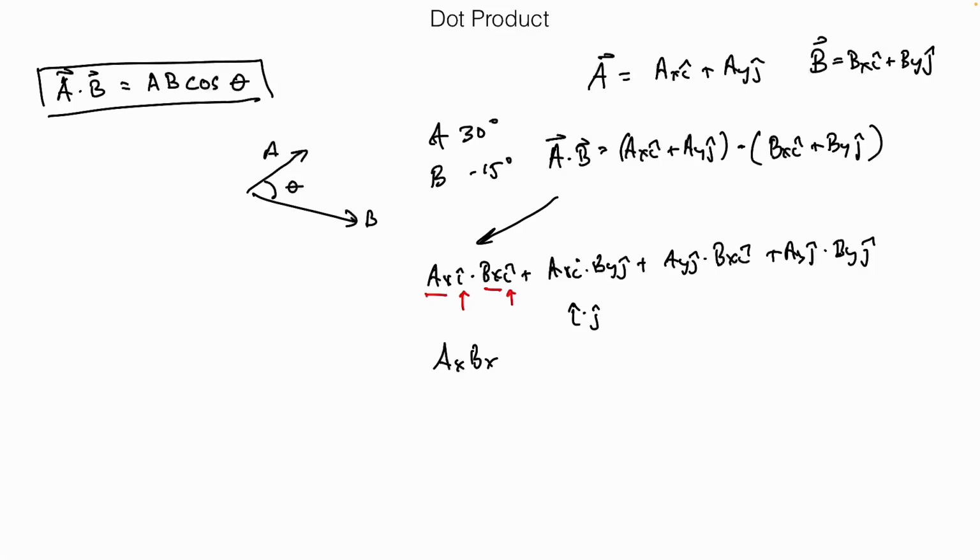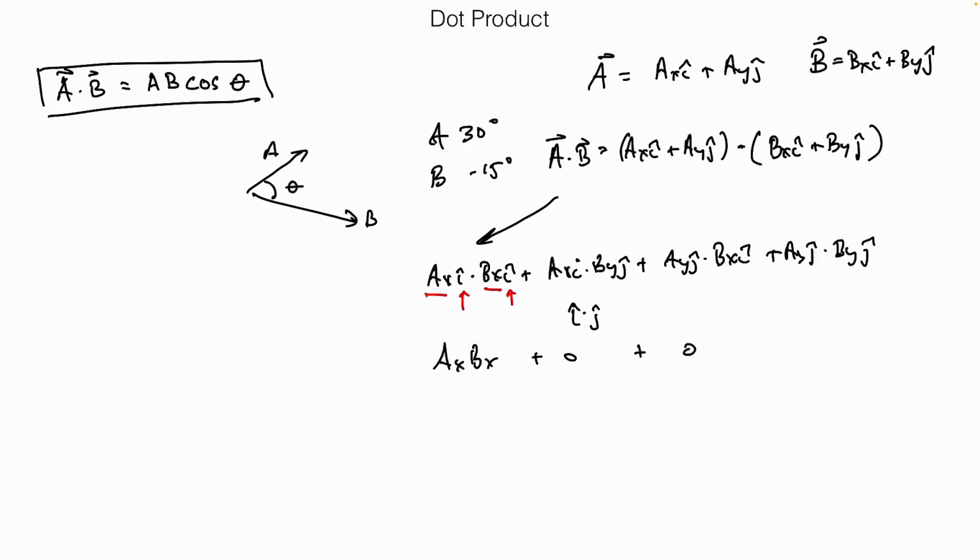What do we know about the i hat and j hat vectors? They're perpendicular to each other. So what's the dot product? 0? And why am I smiling? Because 0 is better than that mess up there. Okay, next term's got a j hat and an i hat in it. What's the automatic answer? 0.